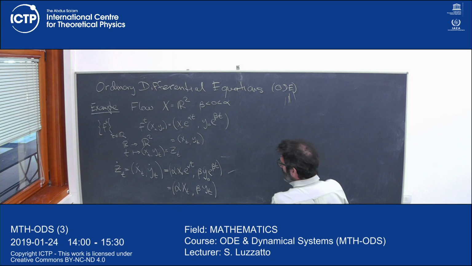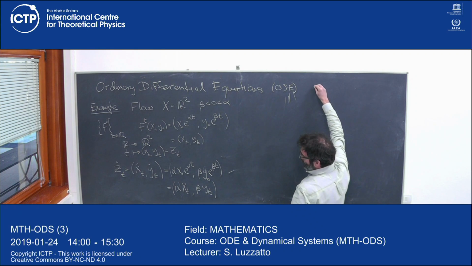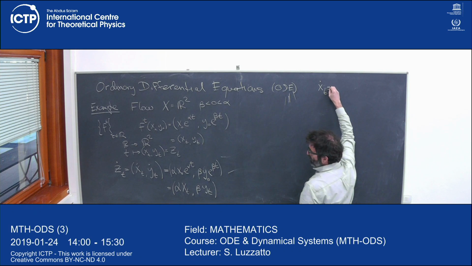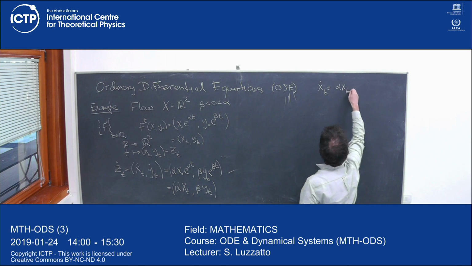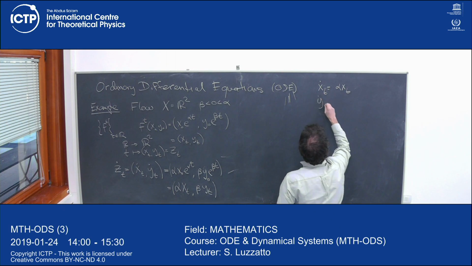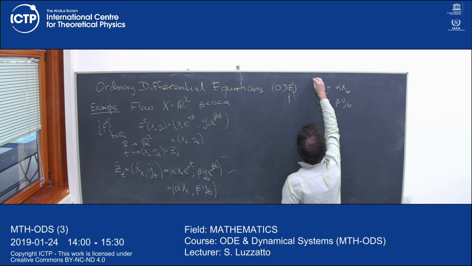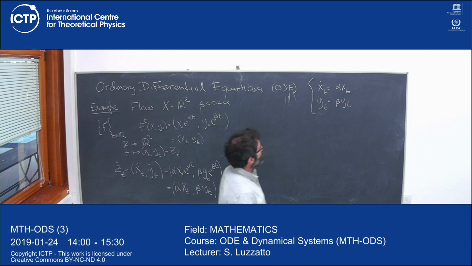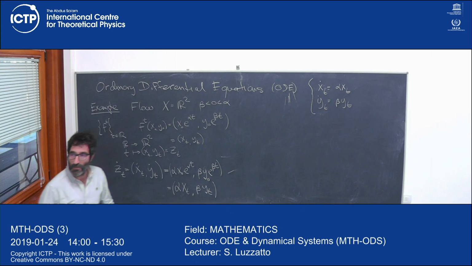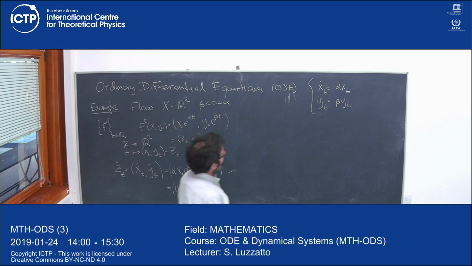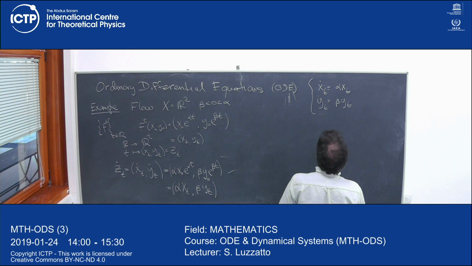Another way to write that is that x dot of t is equal to alpha x of t and y dot of t is equal to beta y of t. If you want, that's the way to write this.